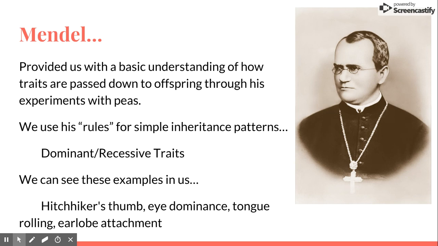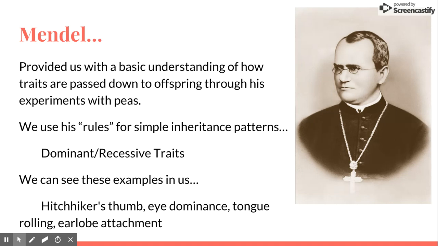He's the one who gives us terms like dominant and recessive traits. A dominant trait is one that will be expressed when present. Recessive requires 2 copies of that trait to be expressed.